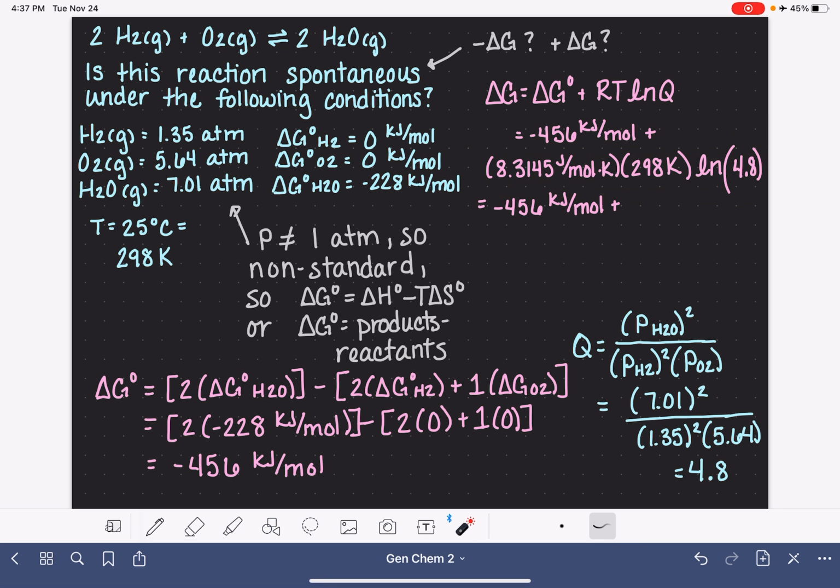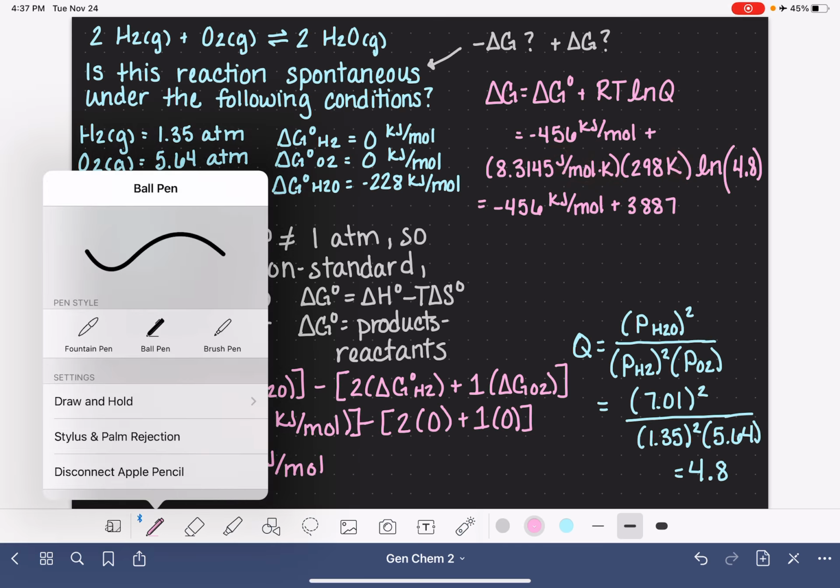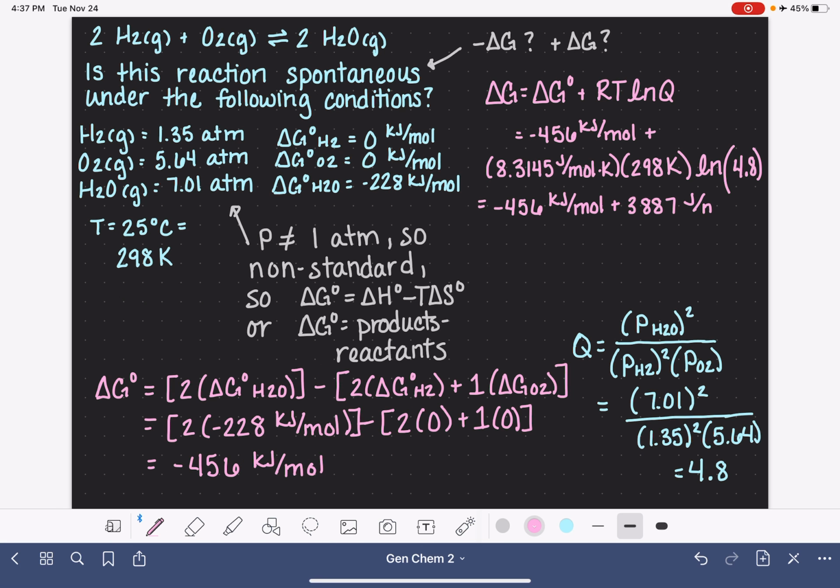So I'm going to begin by taking the natural log of 4.8, and then multiply that by 298, and also multiply by 8.3145. And that is going to get me 3,887. And if we pay attention to our units here, the Kelvin unit will cancel, so we end with units of joules per mole.